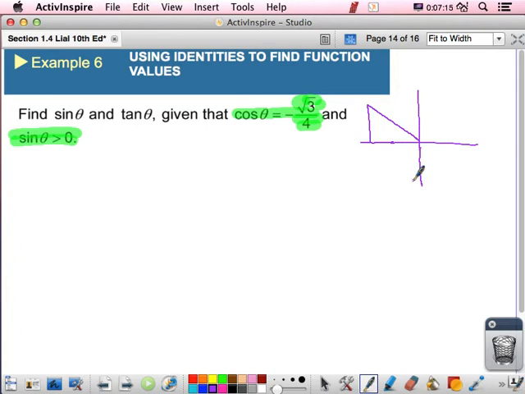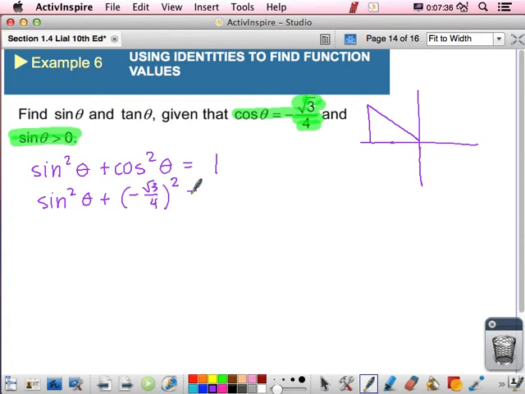So if I know I'm over here in quadrant 2 and I want to find sine of theta, and I know that sine squared plus cosine squared always equals 1, then I know that sine squared plus, what was the cosine? Negative square root of 3 over 4 squared equals 1.